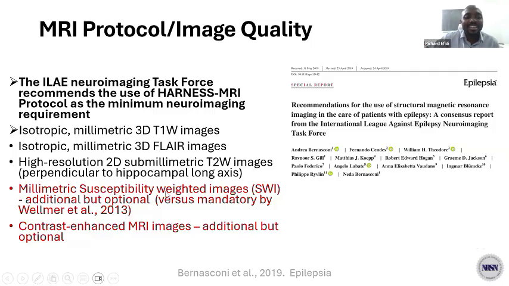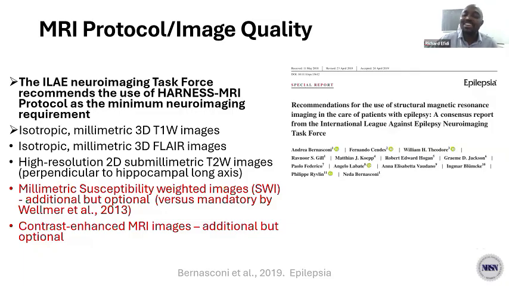This includes 3D T1 weighted images acquired in volume with a thin, 1 millimeter slice, 3D FLAIR images acquired with 1 millimeter slice, and high resolution 2-dimensional T2 weighted images acquired perpendicular to the hippocampal long axis.